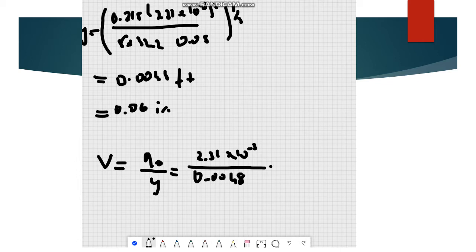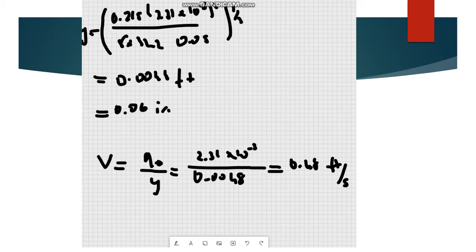When we divide, we find 0.48 feet per second is the velocity of this hydrologic event. Okay, we calculated everything here, so we finish up the question.